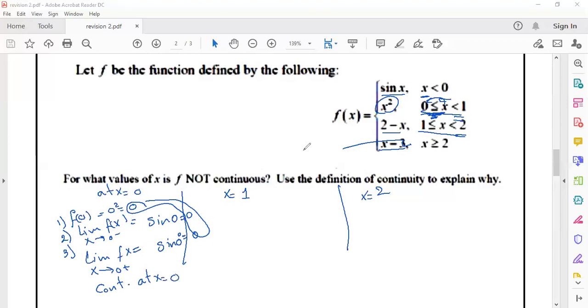I have to discuss the continuity, but I use a different color, red. At x equal 1, please focus. By the same way, f of 1, limit f of x when x approaches 1 from the right, and limit f of x as x approaches 1 from the left.